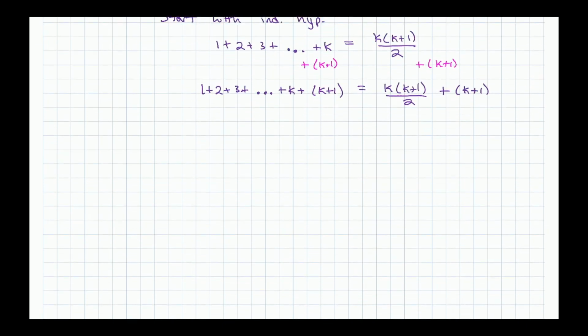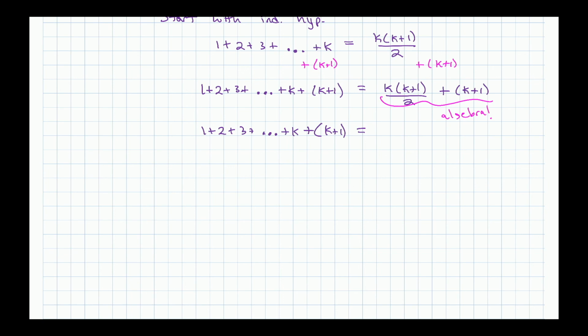So you do algebra here. Okay, so what kind of algebra are we going to do to actually make progress? Well, just write out this left-hand side. All right. So what algebra are we going to do?